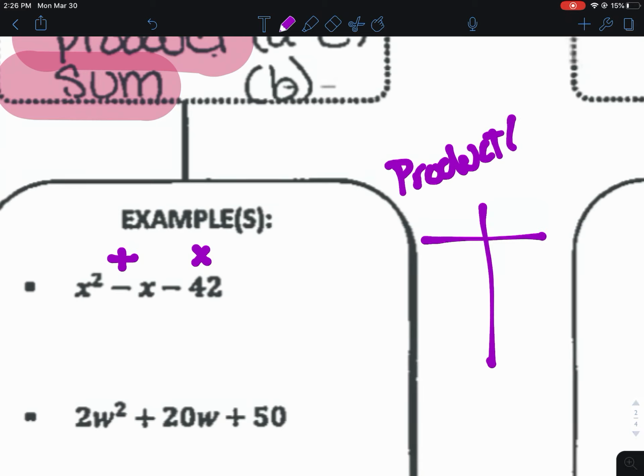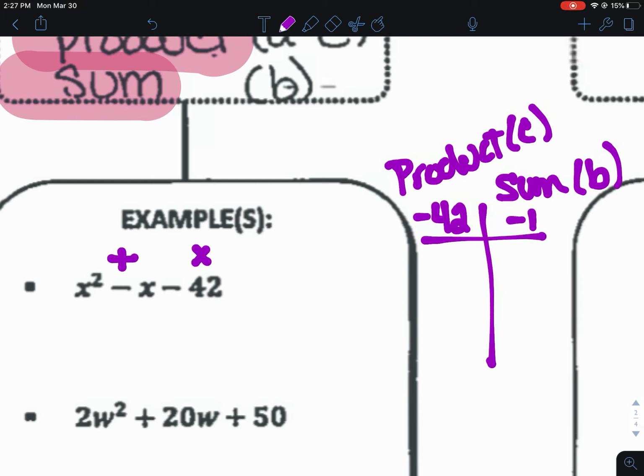So the product of C, which in our case is negative 42, whose sum adds up to B, which is negative 1.